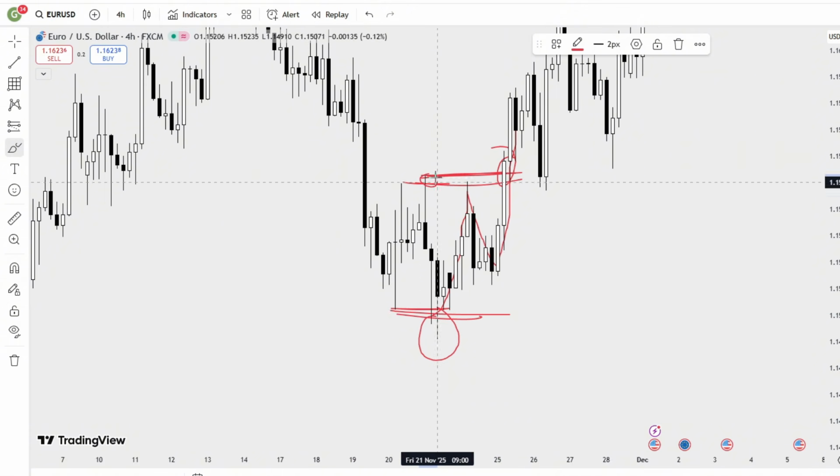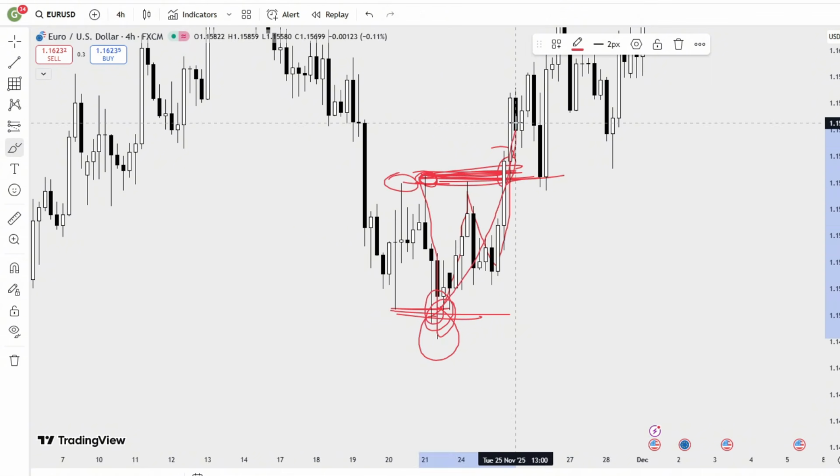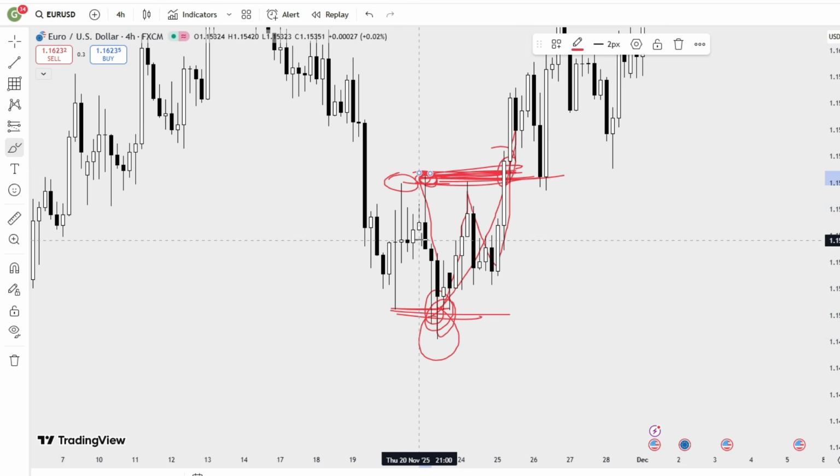So here, in fact, is the true market structure shift. Remember, because this high creates this low, once we break through this high, then we have our structure shifted, right? Because we swept this high, then created a new low, then broke the old high, the valid structure. So we have this structure.